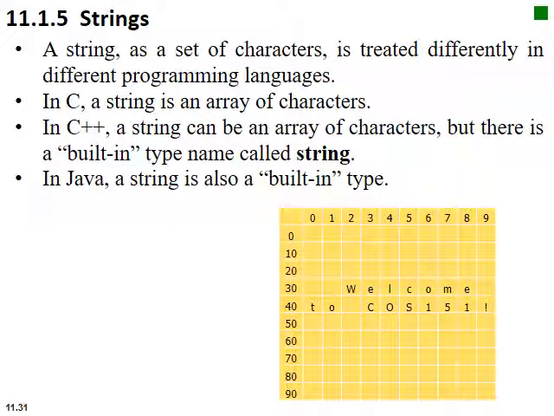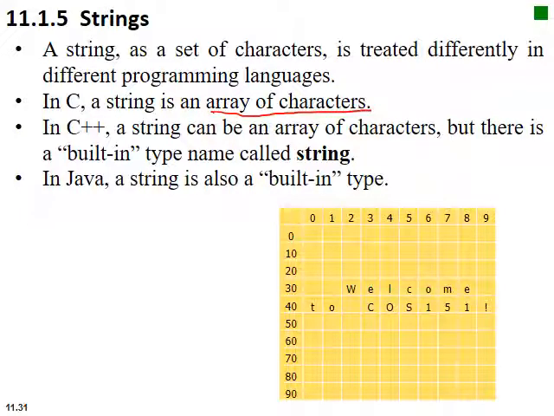Also, we can have an array of strings. Very often strings, which basically means a string is a set of characters, are treated differently in different programming languages. For example, in the C programming language, a string is simply treated as an array of characters.